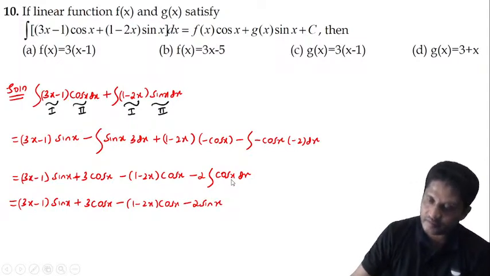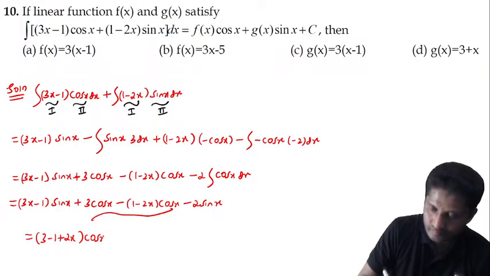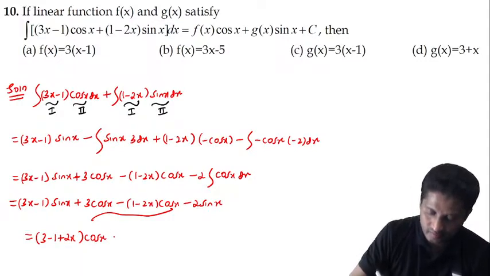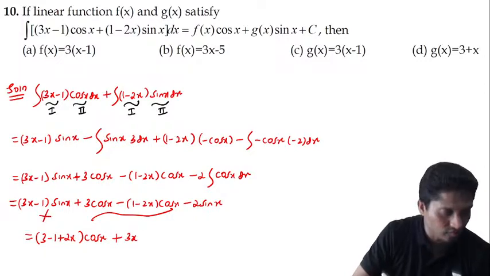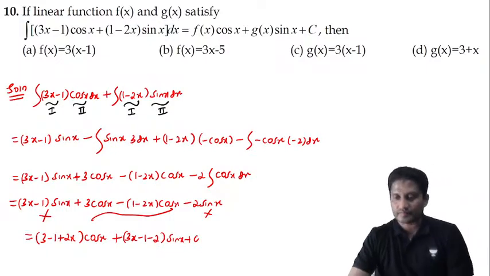Now if I take common between these two, take cos x common, what is left is 3 minus 1 plus 2x into cos x. And if I take sine common between these two terms, sin x common, 3x minus 1 minus 2 into sine, and then plus c.